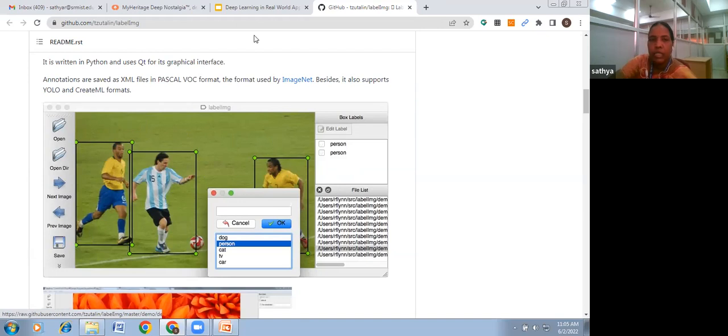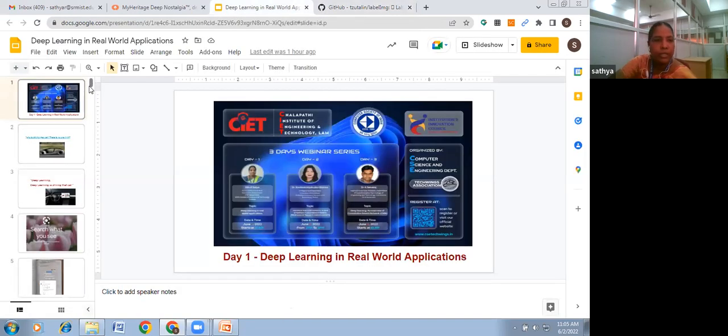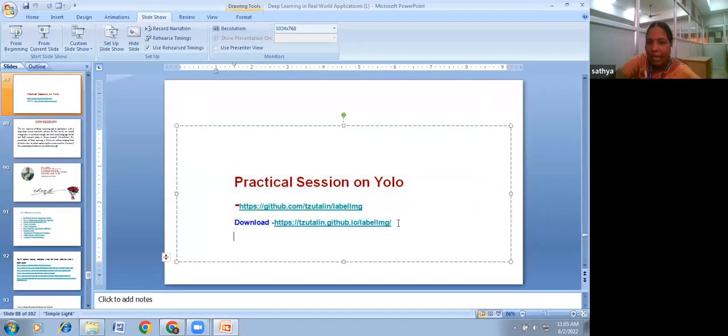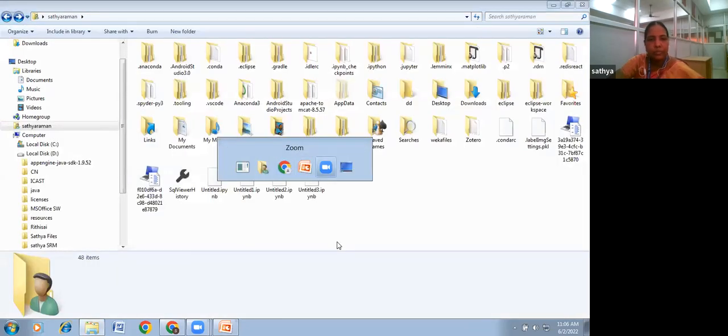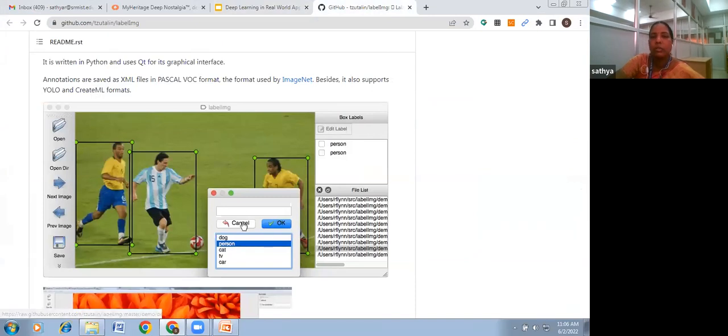Likewise, using this application, labelImg, you can try by yourself. You download it from this site, and I'll show you how to download it also. You label whatever objects you find over here and you train that.